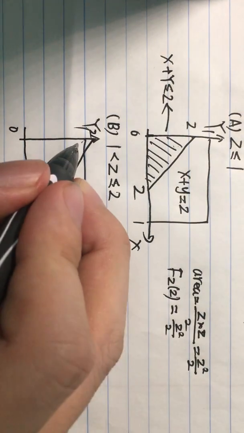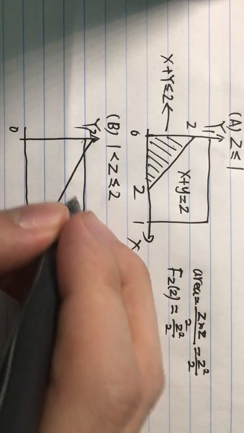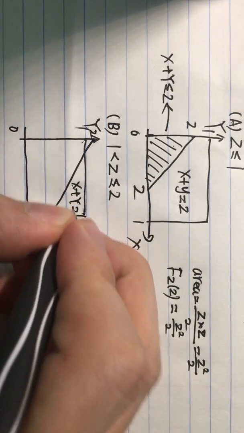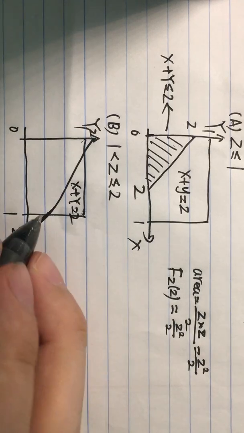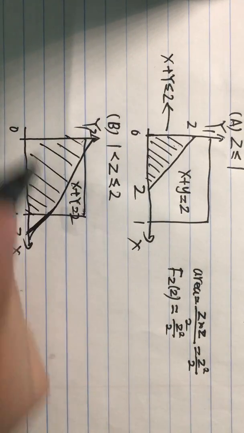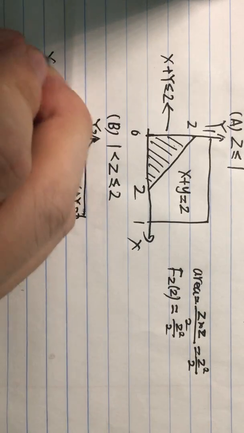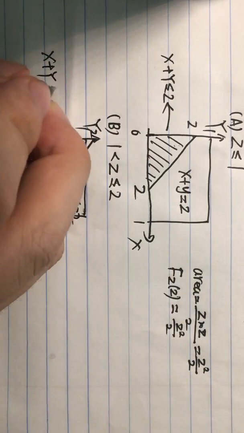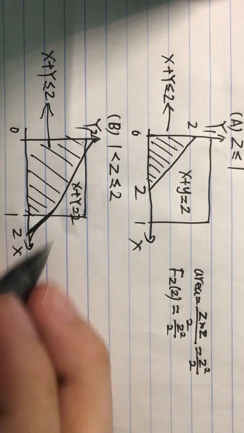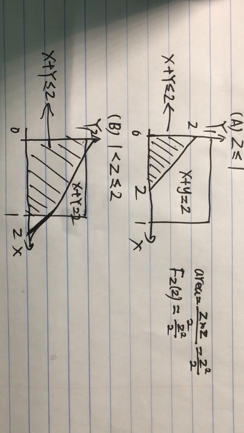This line still represents x plus y equals z, and this region also represents x plus y smaller than z. So we need to figure out the area of this region.